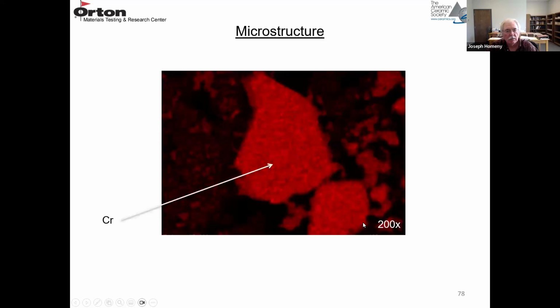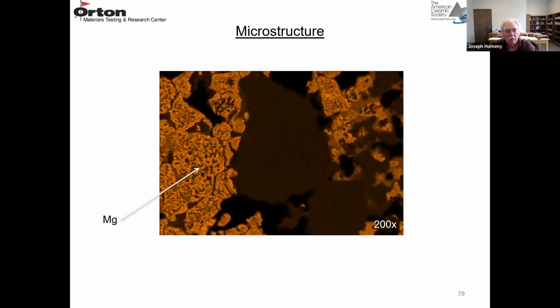So if you map the elements, this is Cr in this orange color. You can clearly see the two large chrome grains and then some smaller chrome grains. The orange is the Mg. You can see the little black spots within the MgO grains.